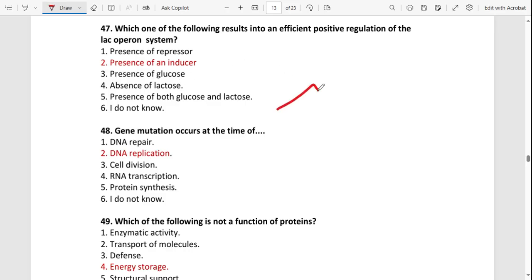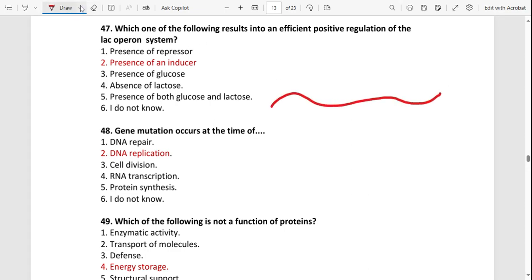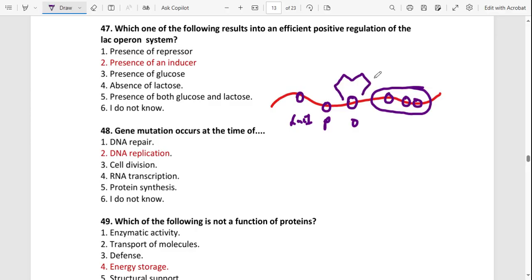Remember, as we said earlier, on the lac operon, you have got this as your DNA molecule, and we have three structural genes there, and then we have got regulatory genes, the operator, the promoter, and then we have got lac I. On the operator, we have got this guy, which is a repressor, acting as a gate.